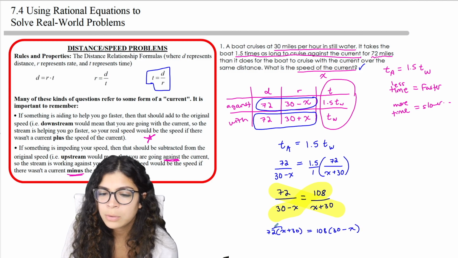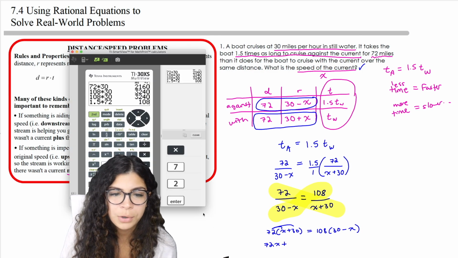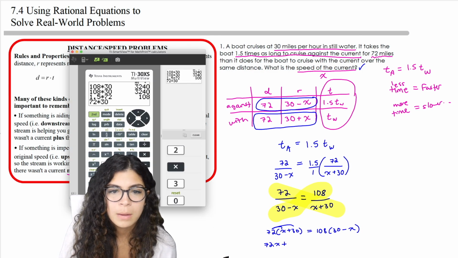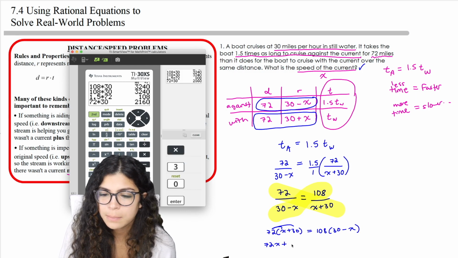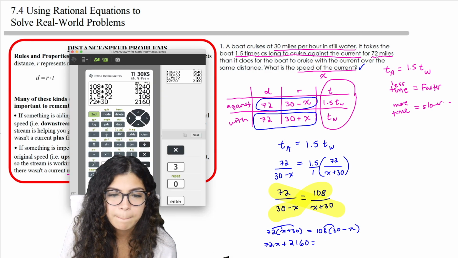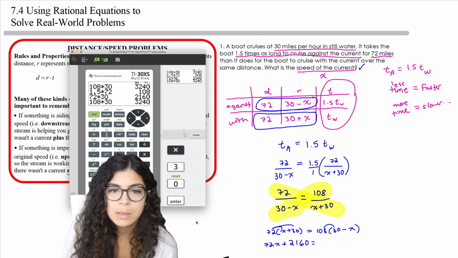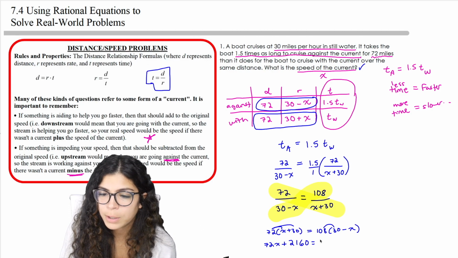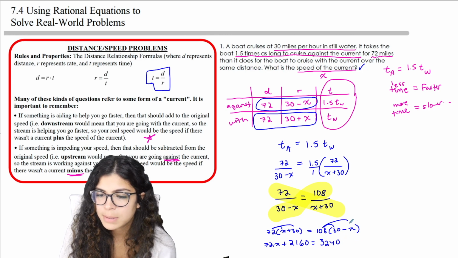And I will distribute to both. 72x plus 72 times 30 is 2160. And then 108 times 30 is 3,240. And then 108 times negative x would be negative 108x.